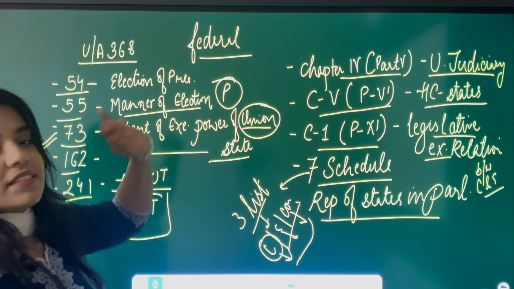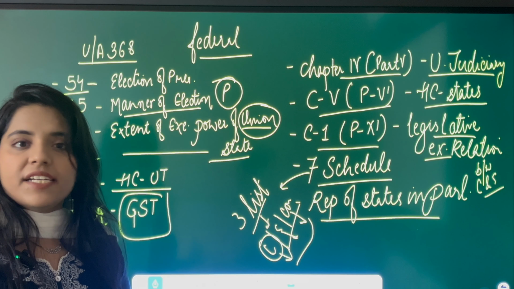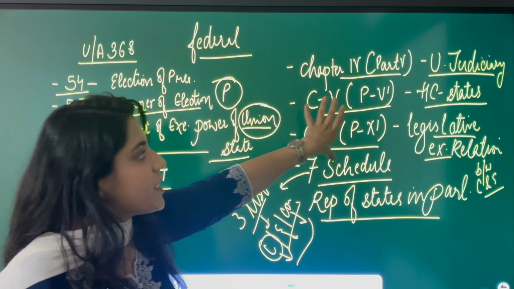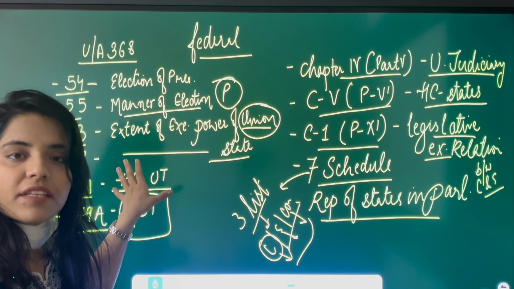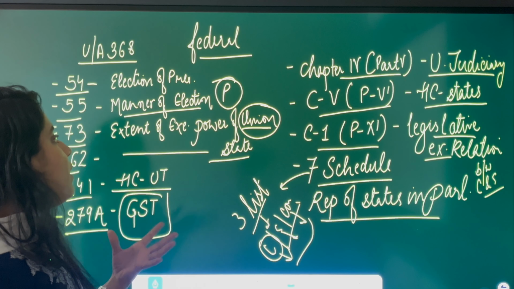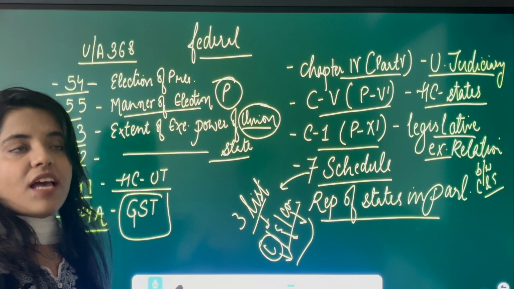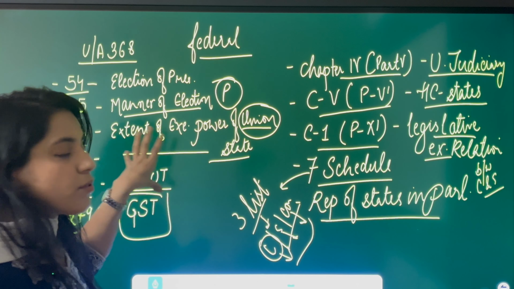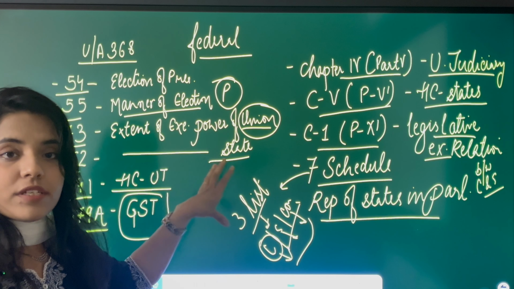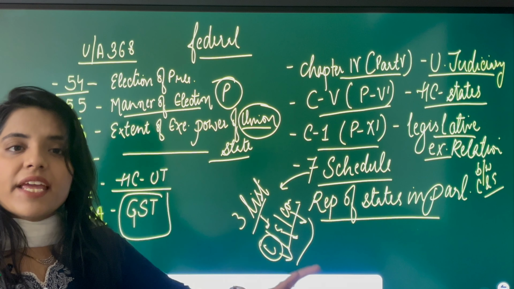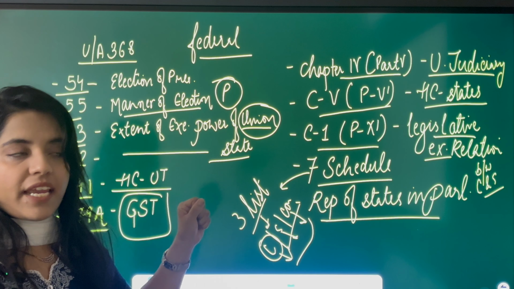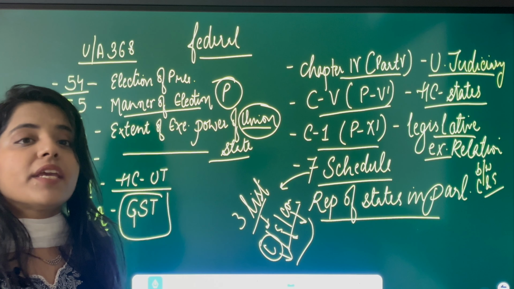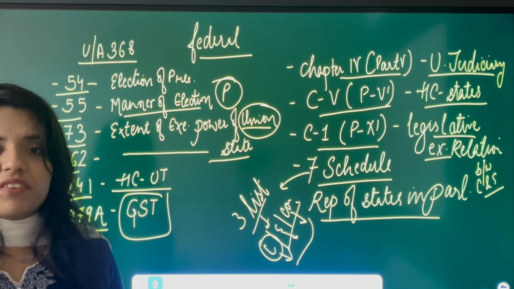Federal means there is a balance of power between center and state, right? So if you change any of these provisions, it will shift the balance of power in one direction. For example, if the union makes any changes with respect to these provisions on its own, it will somehow take away the power of the states. That's why it requires state ratification also, to maintain the federal balance.